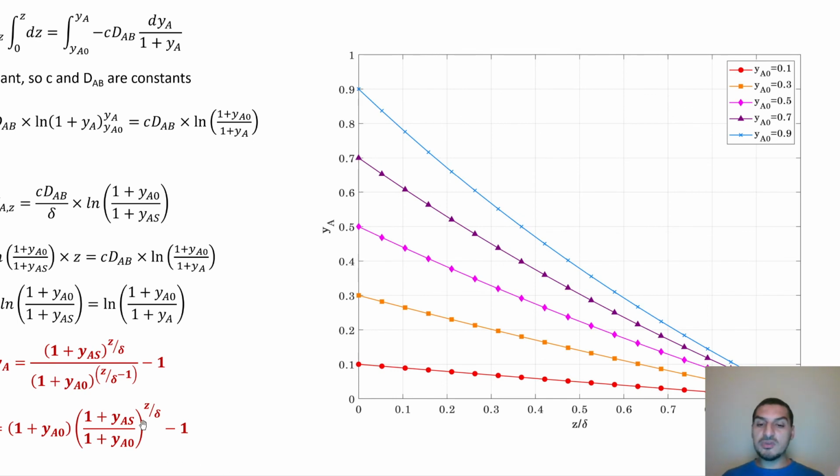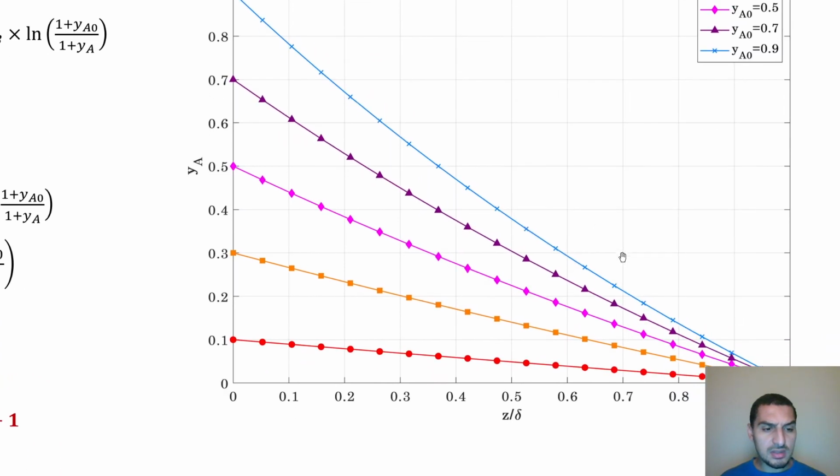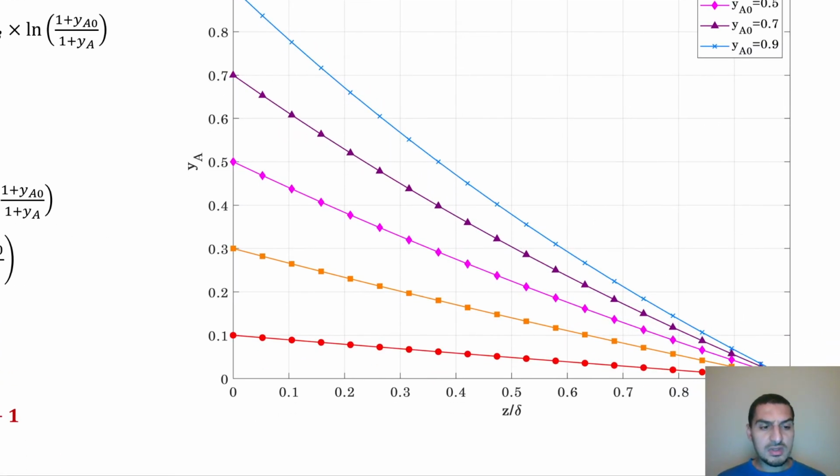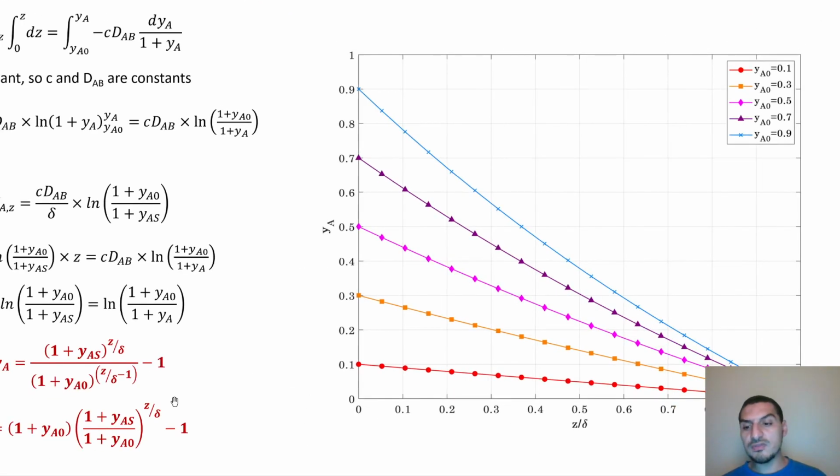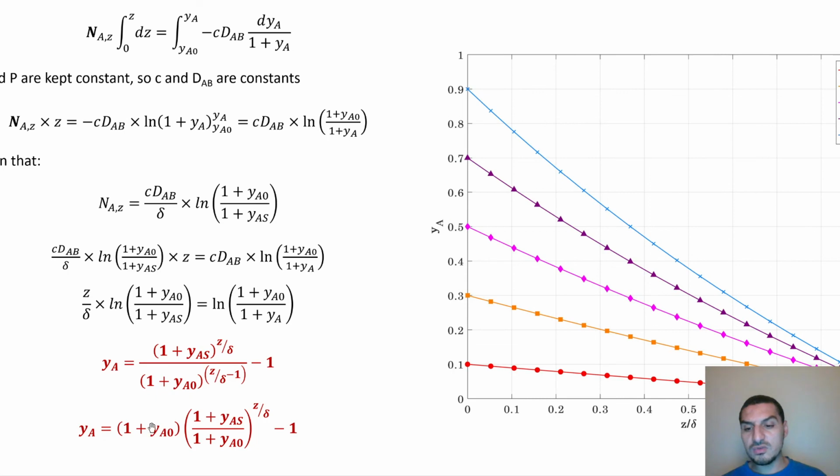So it's bounded between 0 and 1, and this is what we can see here, that this is from 0 to 1. And here you can see YA at different initial values of YA. So you see here YA naught is part of the equation.